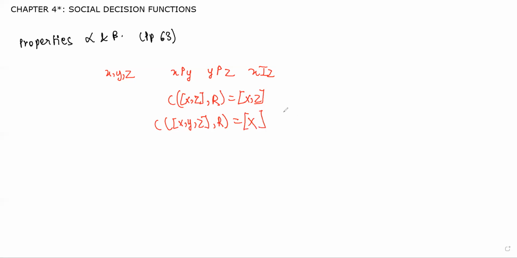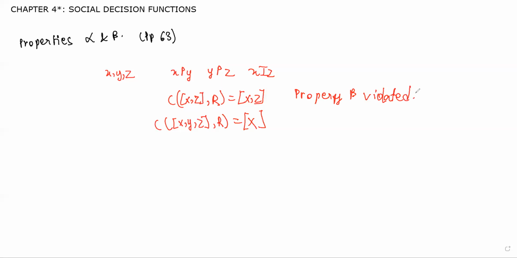Why is this problematic? For very obvious reasons. It tells you here that essentially x should be equal to z. But now when you've included y, suddenly things become different, right? This is actually what property beta is all about, right? This is property beta being violated. Why?